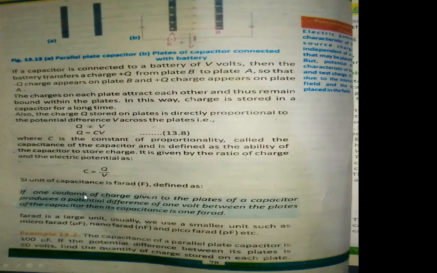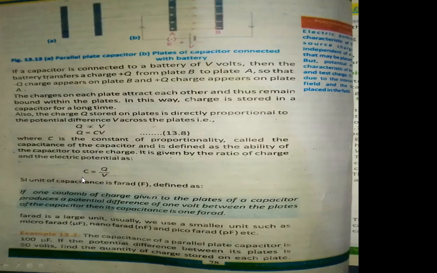So the unit of capacitance is farad. Farad is the name of the scientist. The SI unit of capacitance is farad, and this is how we define the farad. Suppose Q is the charge. If 1 coulomb of charge is given to the plates and it produces a potential difference of 1 volt, then the capacitance of the capacitor will be 1 farad.